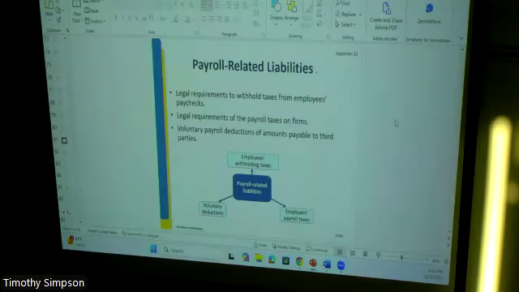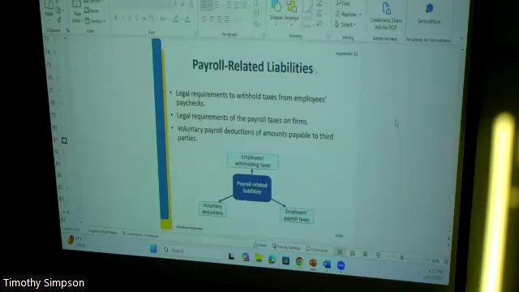And why is it a liability? It's a liability to the company, the employer. You have employees, you've got to accrue these liabilities, and you've got the responsibility to forward these amounts on to the respective recipients, whether it's the IRS, the state of New Mexico, or whatever state. In some places, there are local tax authorities, whether it's insurance companies, unions in the case of dues, or investment firms in the case of 401k contributions. There are a lot of different elements of this.